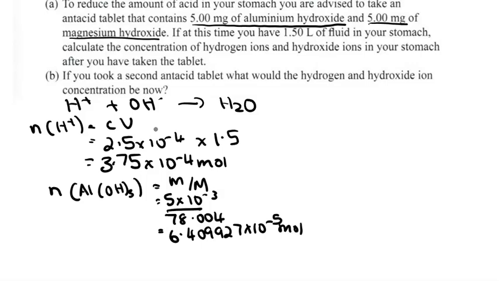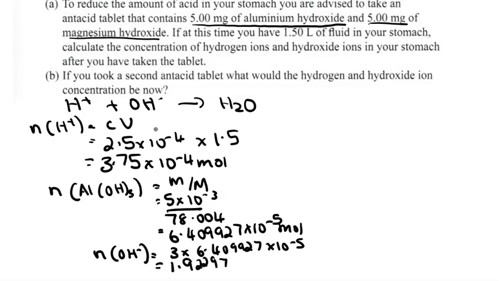Now we know using this simple equation that we're looking at hydroxides. So let's find the number of moles of hydroxides, which is 3 times that number. And that comes out to 1.9229783 by 10 to the negative 4 moles.